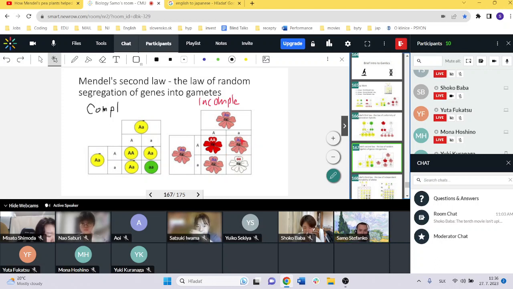So now we are combining dominant allele with recessive one, we have heterozygous. Recessive allele with dominant allele, heterozygous, so pinkish. But recessive with recessive, we have white flower.